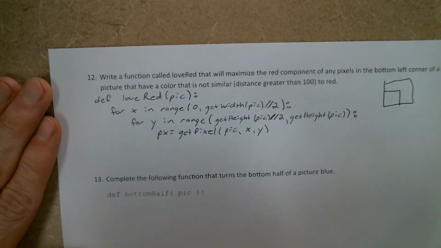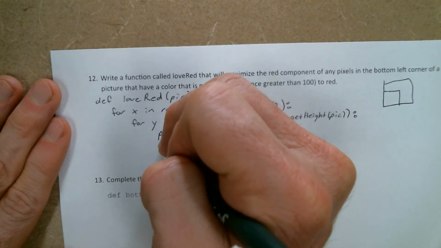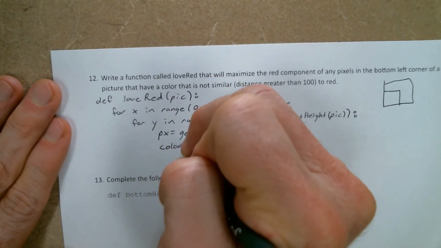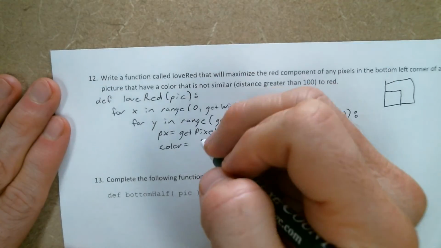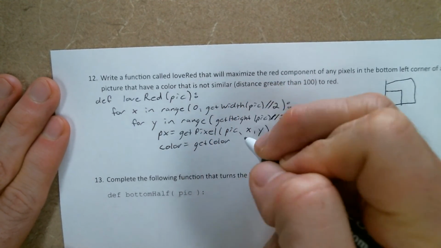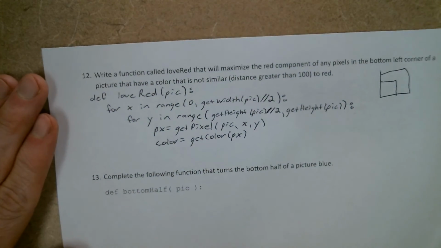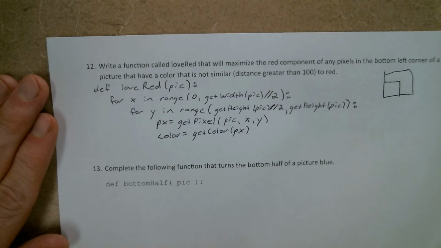Then I'll get the color of the pixel: color equals getColor of px. So now I know the color of the current pixel.